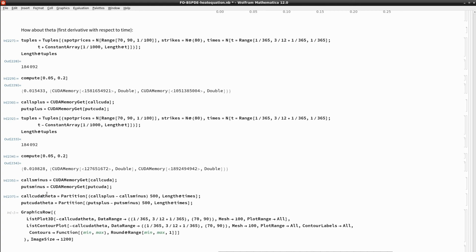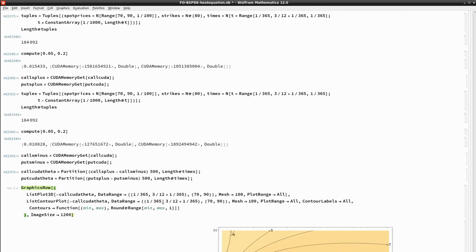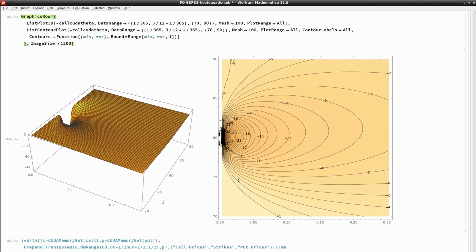Retrieve the data and use the same formula, plus minus minus times 500, stored in call CUDA theta and put CUDA theta, and in the plot we now see what we've seen before, that theta is mostly a surface, but as time to expiration goes towards 0, theta craters at the strike, right? Around the strike we see that theta goes largely negative.